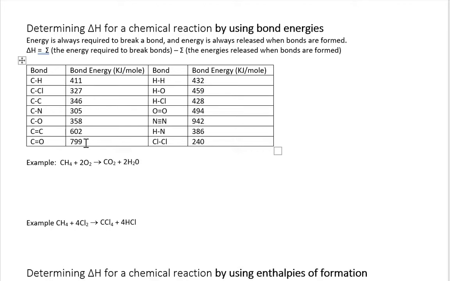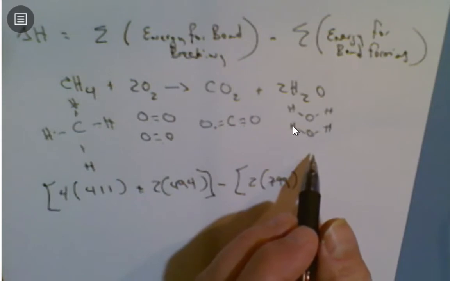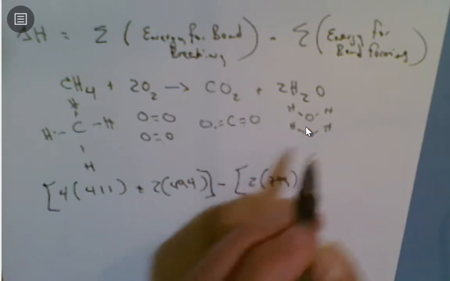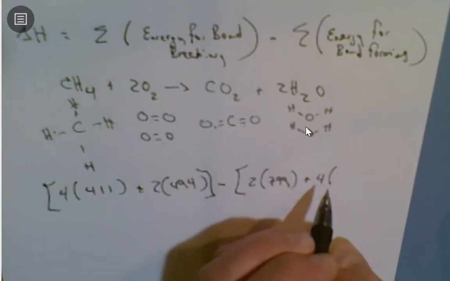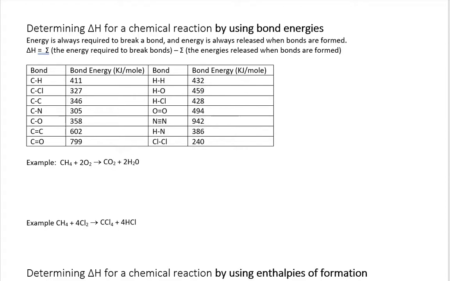And then I'm looking for these oxygen hydrogen bonds, and I have 4 of those. 1, 2, 3, 4 of those. So 4 times, and then go back to my chart again and find my oxygen hydrogen bond, 459 kilojoules per mole, and then do a little bit of math.